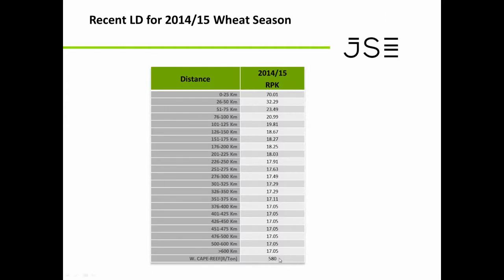And every year we do a survey, and the number that we stand at now, based on the survey, is 580 rand per ton. That is actually the farthest distance from Randfontein that we manage. And we take the Western Cape as just one point, although of course it's a number of delivery points, but with respect to the reference Randfontein point, we regard it as one point with one single charge.